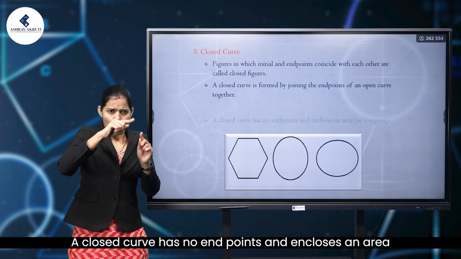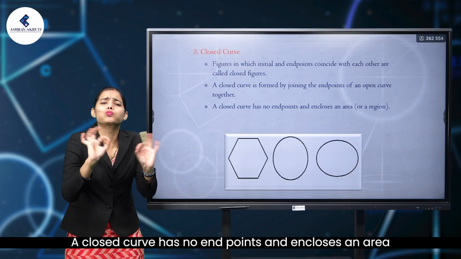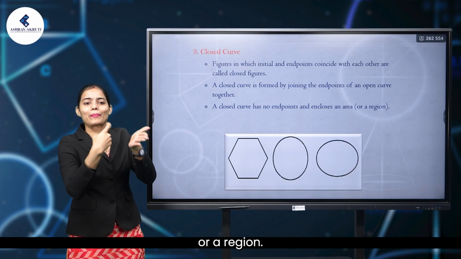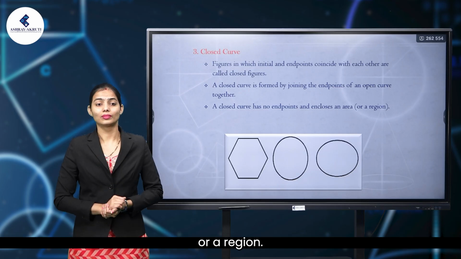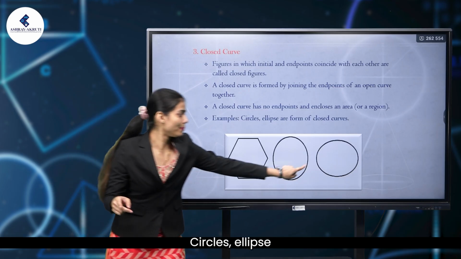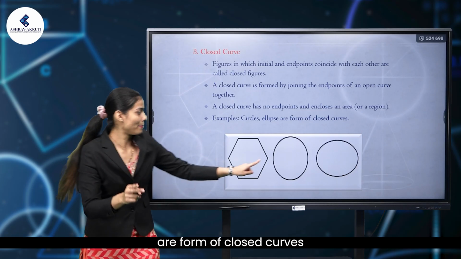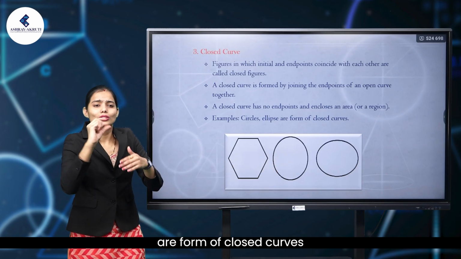A closed curve has no endpoints and encloses an area or a region. Examples: circles and ellipses are forms of closed curves.